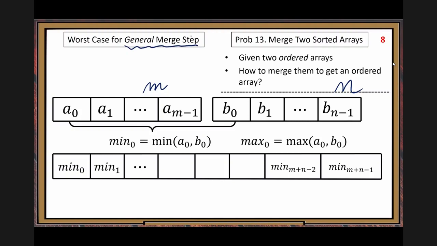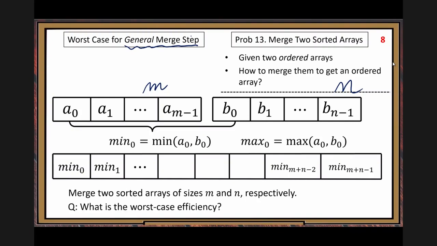Although we like an even split, in real-world applications we may need to solve the problem using the general merge step. So we want to consider it. Then the worst case, based on the summary from the previous slide, is the total number of elements minus 1: m plus n minus 1.